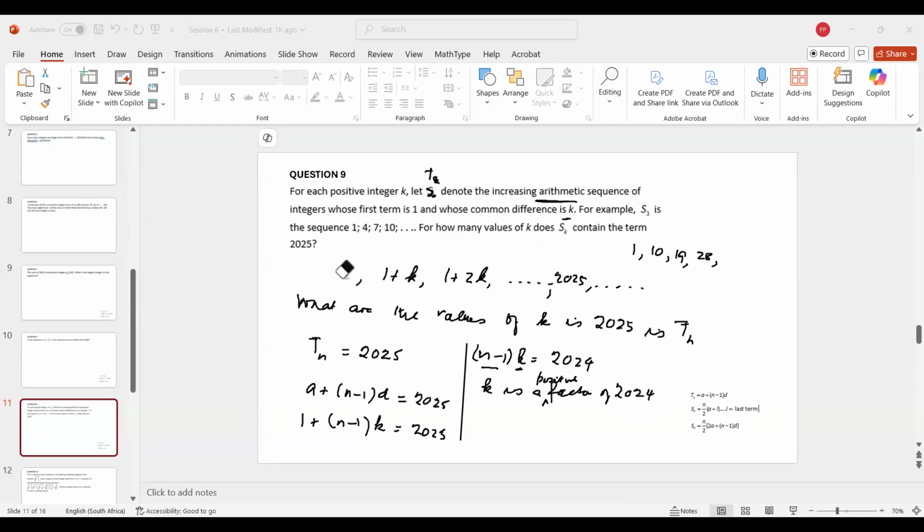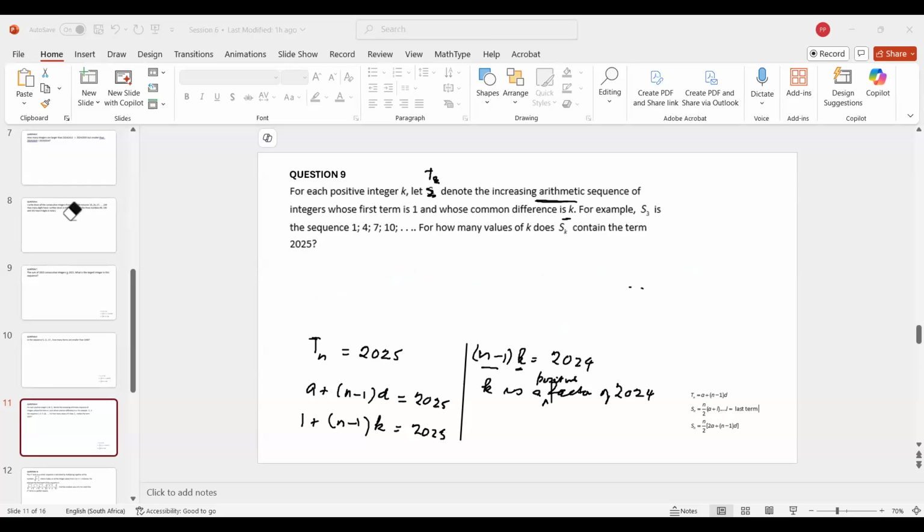So the question now reduces to how many values of k. k is going to be a factor of 2024, so the question now is how many positive factors does 2024 have?